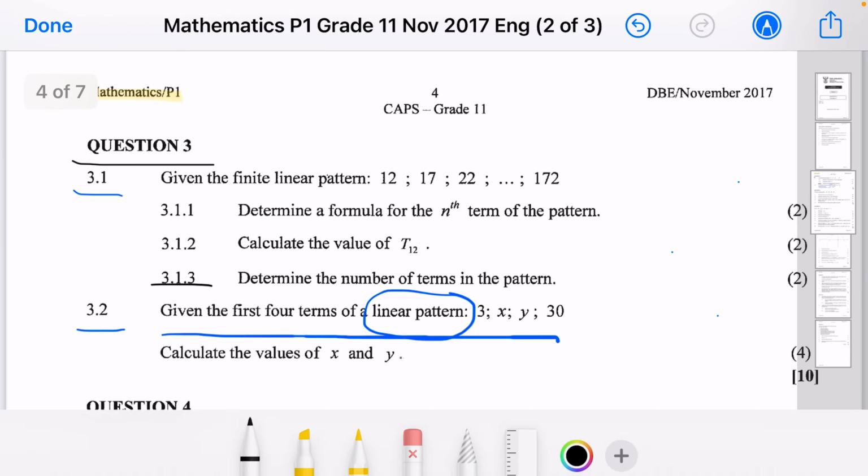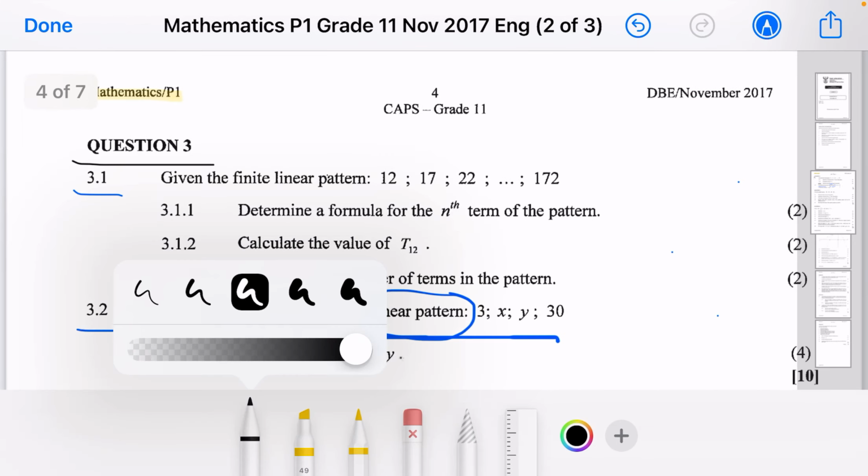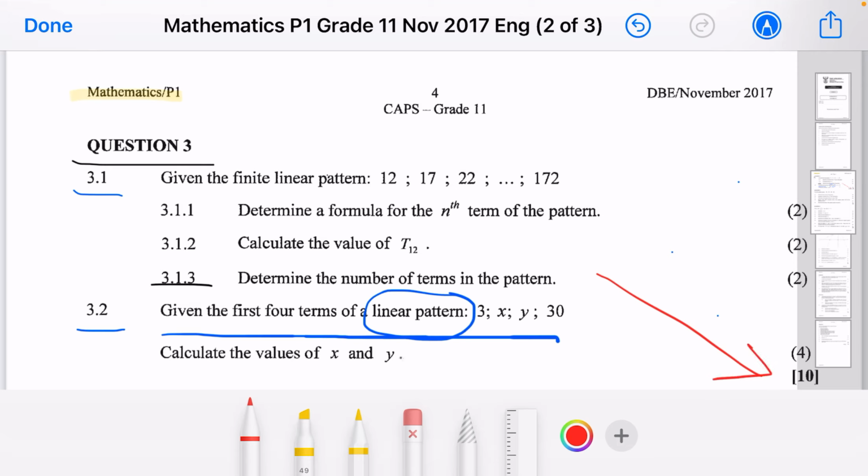So guys, by so doing, you score yourself a full 10 marks for this question. So the first question was allocated 2 marks, guys. Obviously, your first and last step might be allocated some marks.